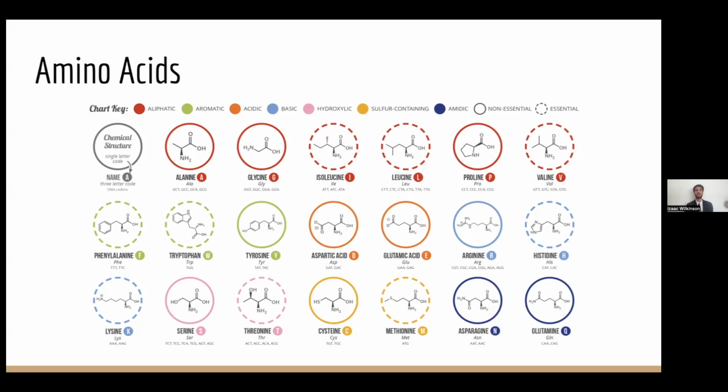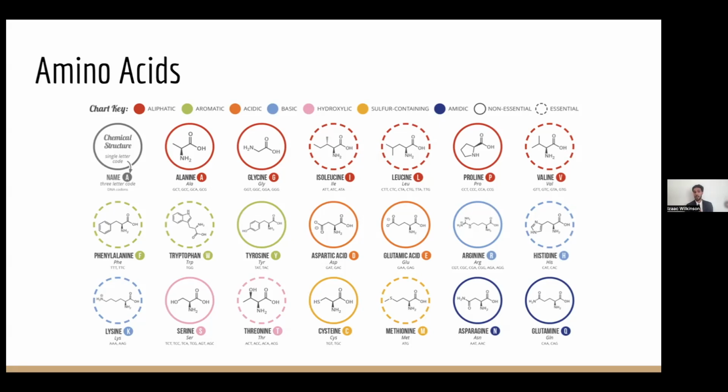Next is going to be the acidic group, which carry negative charges, which is essential for electrostatic interaction as well as catalytic chemistry. Next would be the basic ones, which have a positive charge, which is crucial for binding to nucleic acids and active site chemistry. Next, we get into the hydroxylic group, which enable hydrogen bonding and serve as sites for post-translational modifications. Next is the sulfur-containing, which provide redox activity and covalent crosslinks.